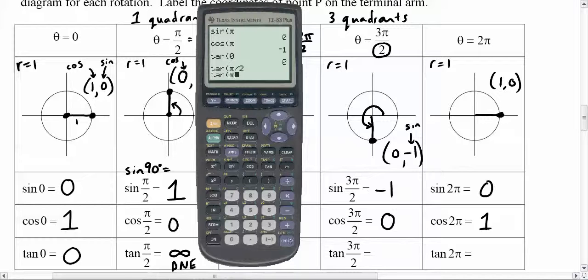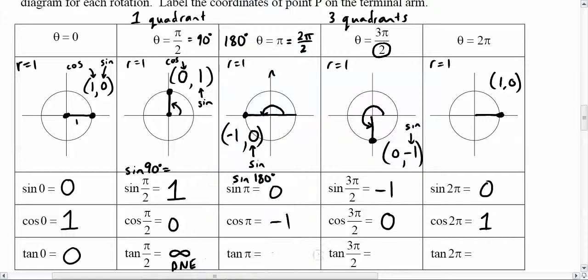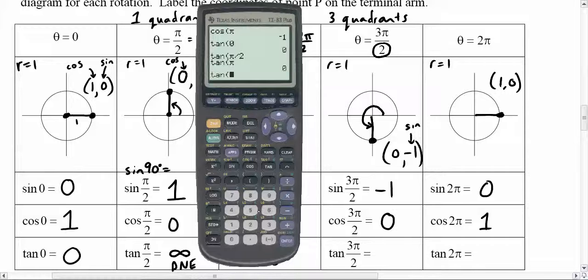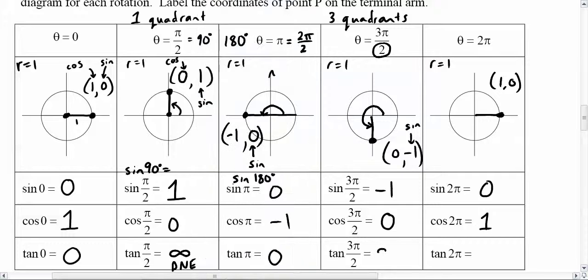Tan of pi is 0. Can you guess what tan of 3 pi over 2 might be? 3 pi over 2 does not exist, domain error. And can you see a pattern? 2 pi will be 0 again. So tan goes 0, does not exist, 0, does not exist, 0.